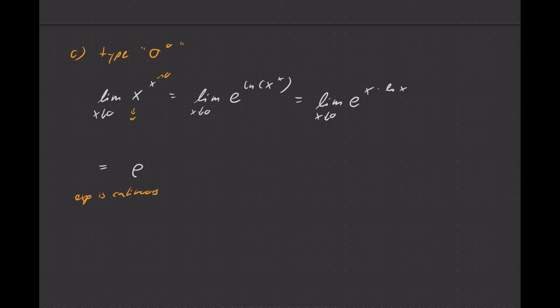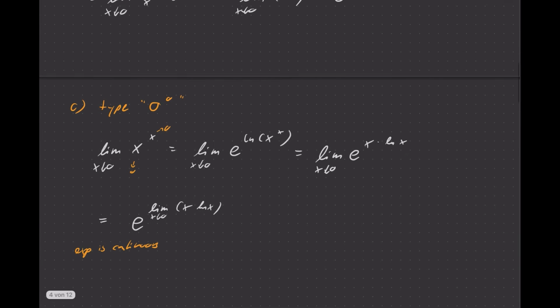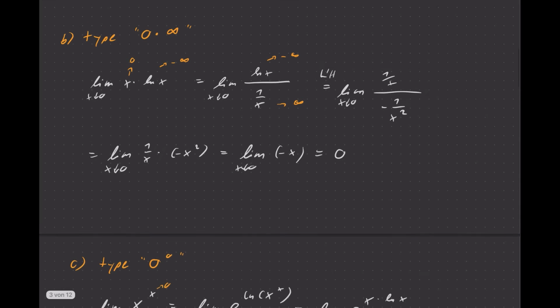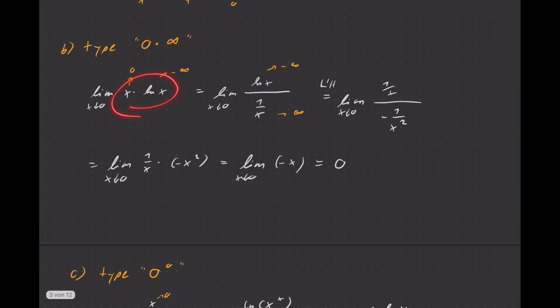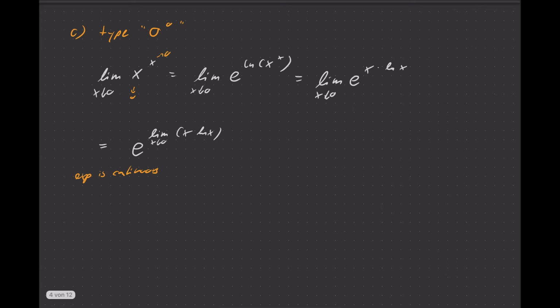We can write this as e to the limit as x tends to 0 of x ln x. And this is a limit that we know from before, remember? We've just computed that, the limit of x ln x, and the result was 0. So from B, we know that limit. So this tends to e to the power of 0, and this is 1.